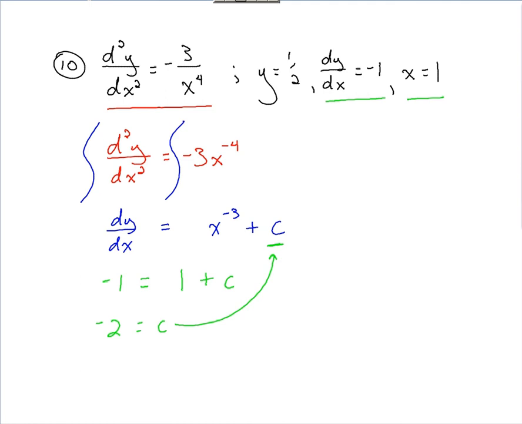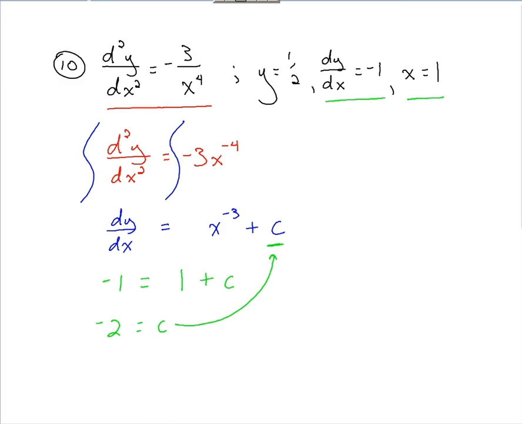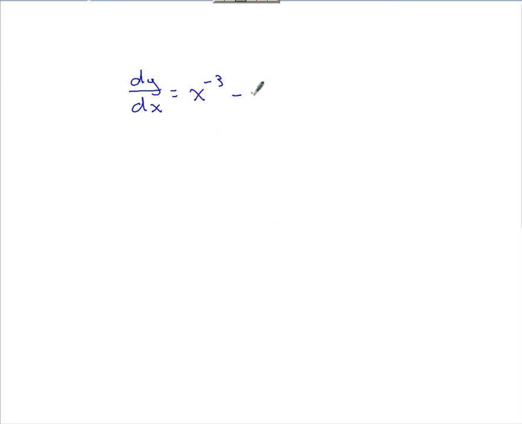I'm going to rewrite this. dy/dx equals x to the negative 3rd, we're substituting in this negative 2 for c, so it would be minus 2. And now we're back to the other kinds of problems we started by talking about.